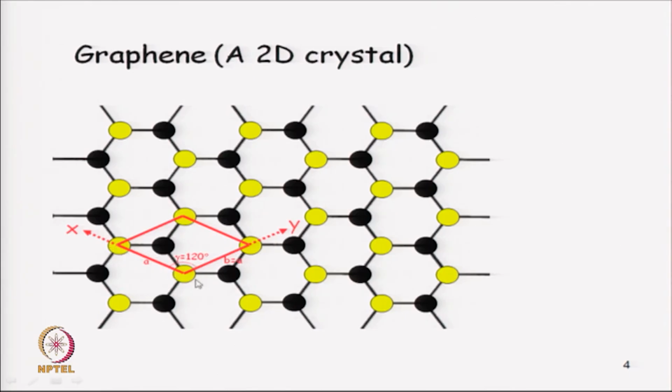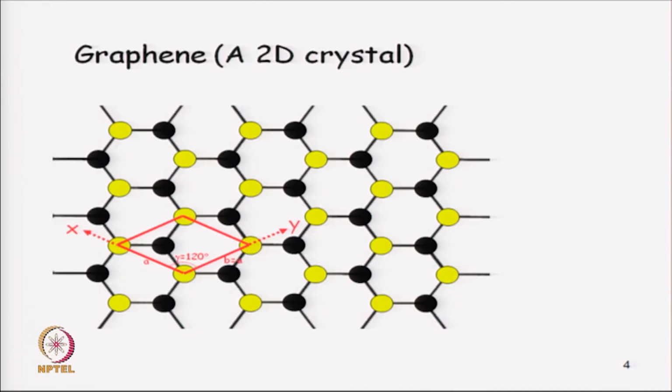So, we have selected our unit cell axes like this, but while looking at other books or literature, you should be careful in noting whether the authors have used the 120-degree angle between x and y axis or the 60-degree angle. So, this is our unit cell of the 2D structure.